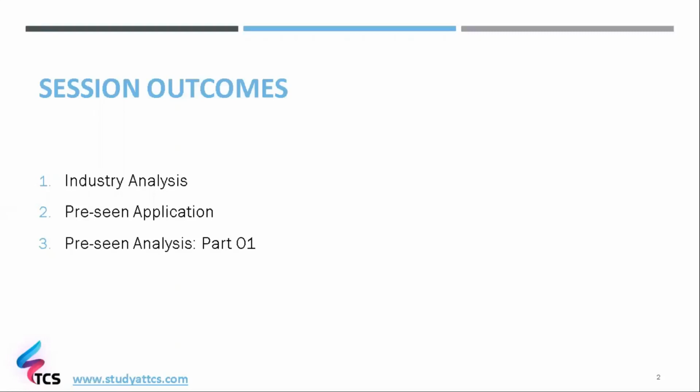You also need to know what type of information needs to be depicted within your answers, and how information which you have taken from the pre-seen document can be brought into your answers. So I will be talking about how you can apply knowledge gained by going through the pre-seen in your answers.